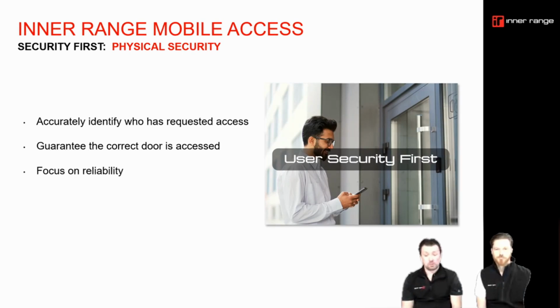One of the big focuses for us as well, which was a big highlight throughout our extensive beta process, was a focus on reliability. Ultimately, with mobile app solutions, we want our solution to be as reliable as possible for our customers. We want somebody to be able to open their phone and access the door that they intend quickly and easily, without any unknowns or any weird behaviors occurring.